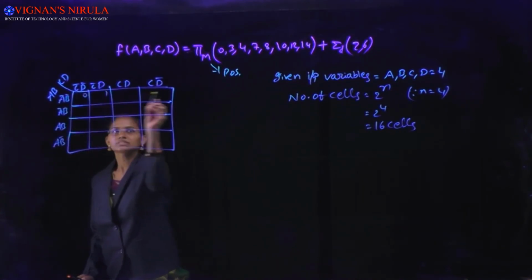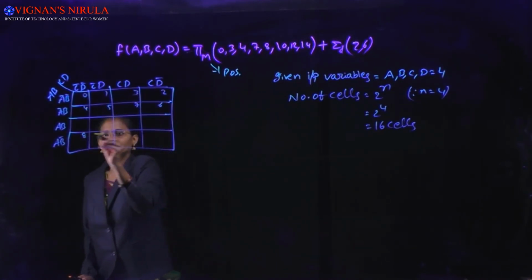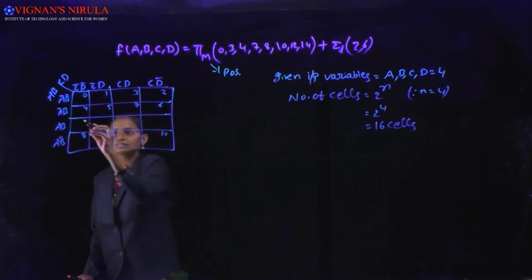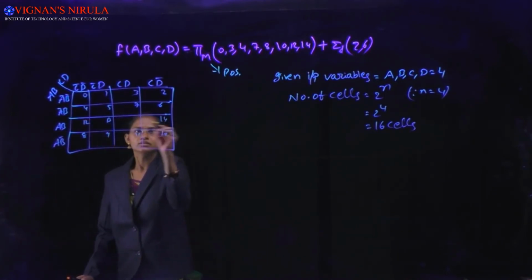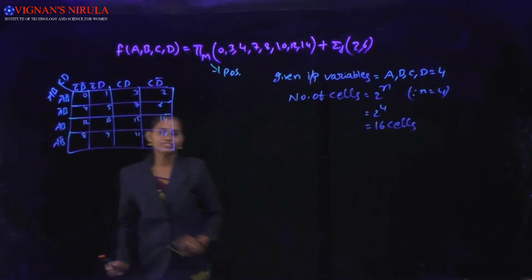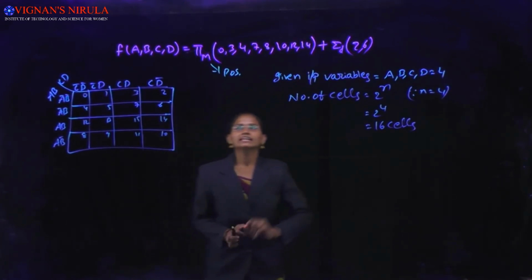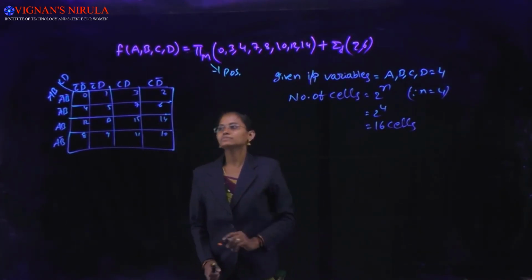The decimal numbers are 0 to 15. In the given problem, max terms are there.